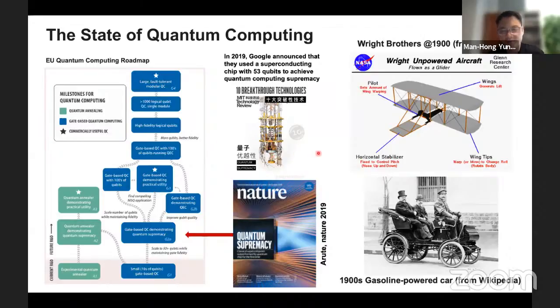But now I would compare the situation to the year 1900. How do you pronounce 1900? I don't know. Anyway, more than 100 years ago, the Wright brothers first demonstrated a prototype of a powered aircraft.